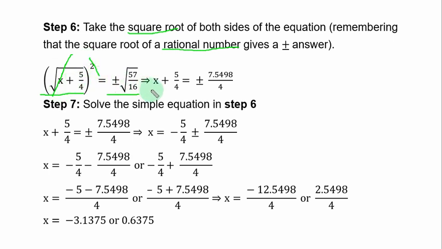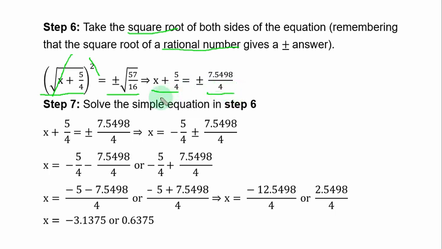You are left with s plus 5 over 4. 57 is not a perfect square, so its square root is a decimal number. That is 7.5498. Square root of 16 is 4. So we have a linear equation from step 6.